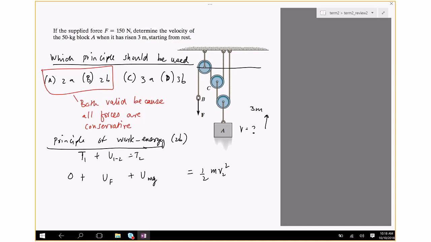Think of it like you did a kinematics problem, where you found the relation between movement of point B and point A. So let's choose this to be the datum. Let's call this YA. This is YB.